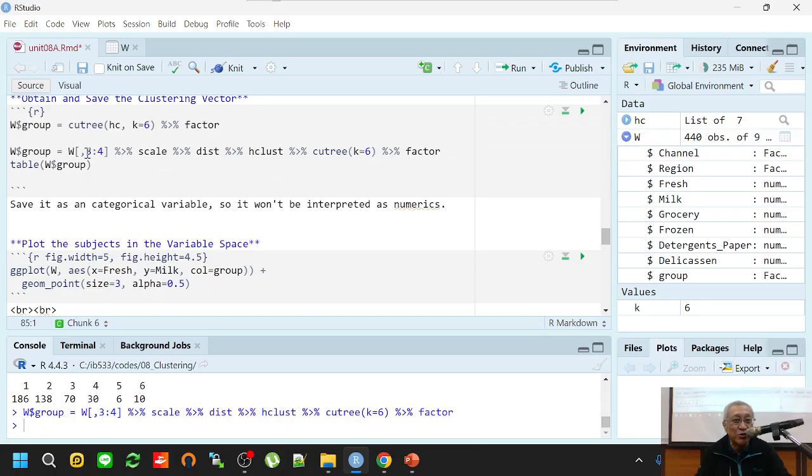You select the variables you want to use for clustering, and then you determine the number of groups that you want to divide.